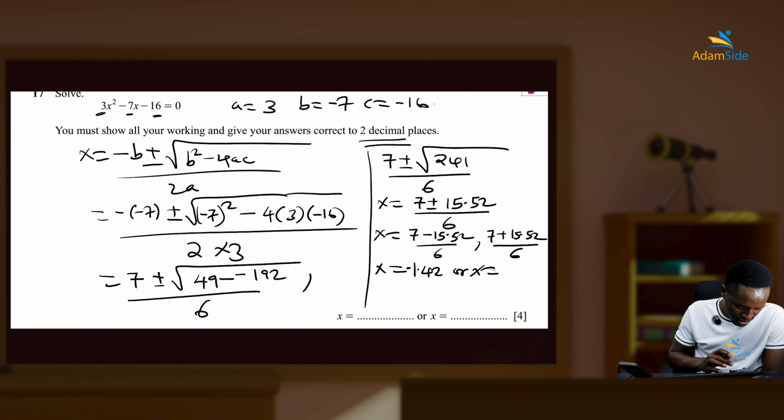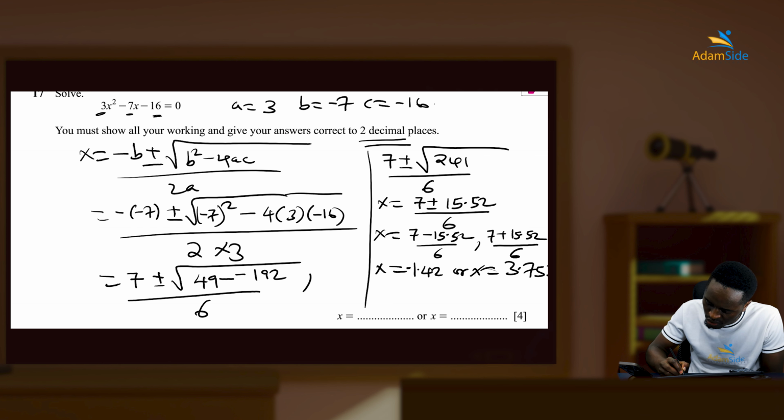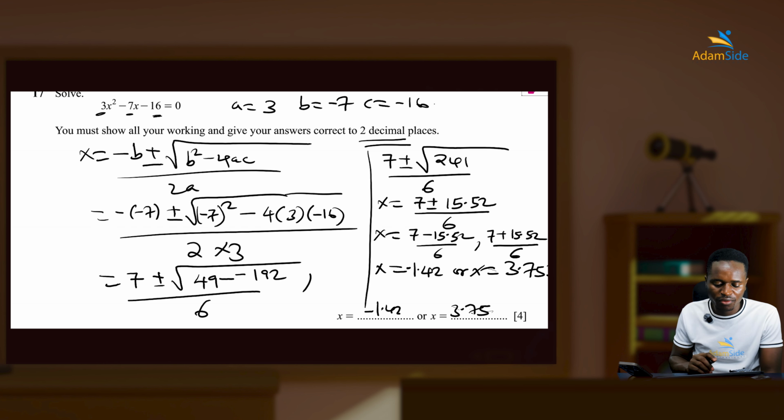You get 3.753. So you can write them to 3 significant figures: negative 1.42 or 3.75. You get your 4 marks.